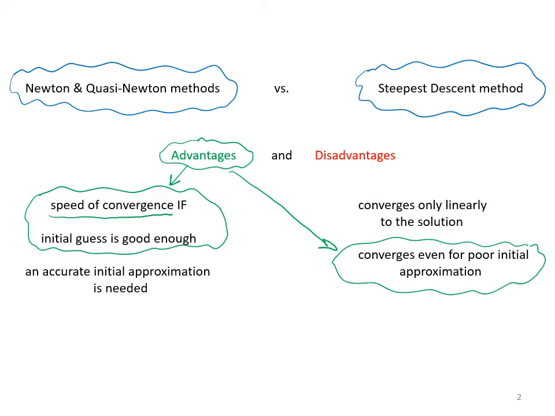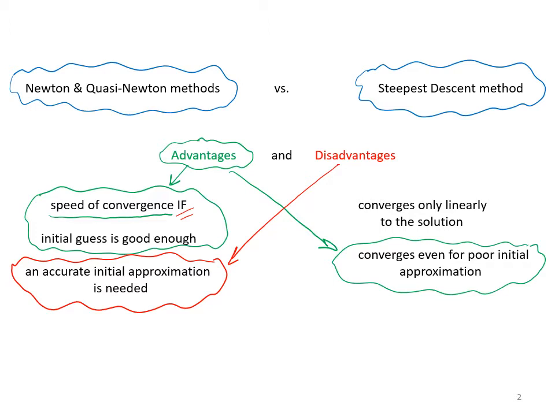When we talk about disadvantages, Newton-based methods will converge very fast to our exact solution only if we have a good initial guess, which means that we need an accurate initial approximation, which is not easy to get sometimes. And this is a clear disadvantage of these methods.